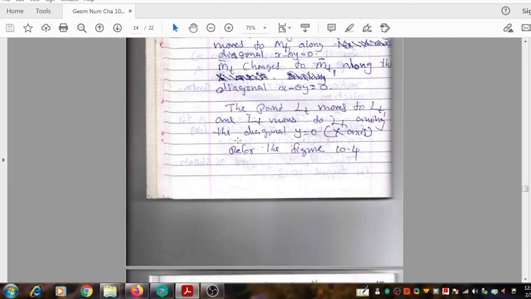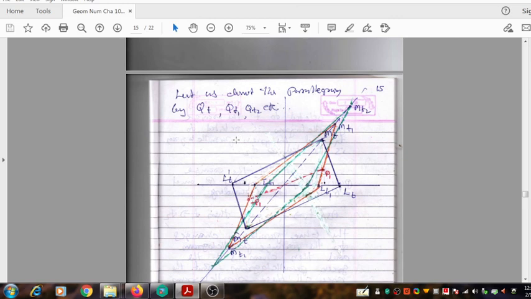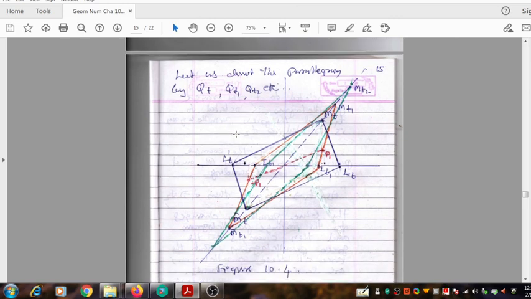Okay, then we denote the original parallelogram by QT, and the second step parallelogram, which is obtained after the first change, will be denoted by QT1, and the third step by QT2.